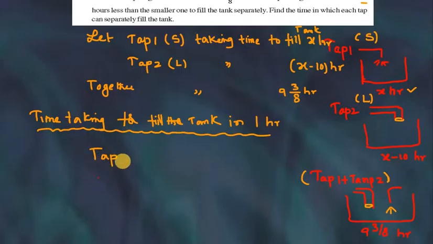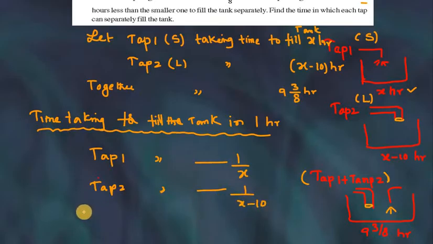Tap 1 fills 1 by X. Tap 2, in 1 hour, fills 1 by X minus 10. And together, in 1 hour, it is 1 by 9 3/8. This is a very important step. Everything I converted into 1 hour.